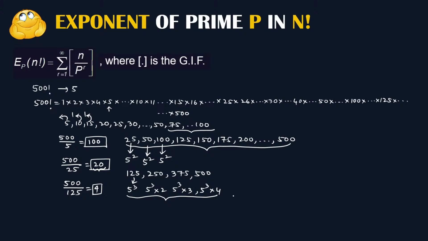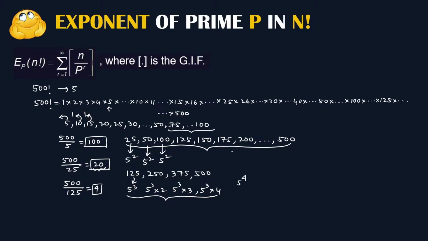Okay, so now there will be no number in factorial 500 which has 4 powers of 5, because 5 to the power 4 gives us 625, and 625 is not a number involved in 500 factorial. So we have to stop here.